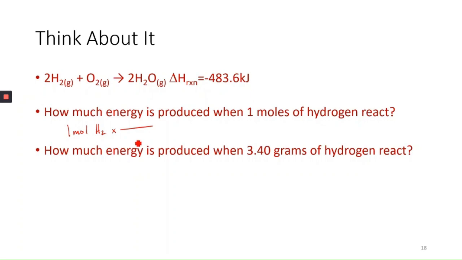So I have to use my balanced equation, which tells me 2 moles of hydrogen gives me this much energy. So the answer would be negative 241.8 kilojoules. So this much heat is released. It's exothermic.